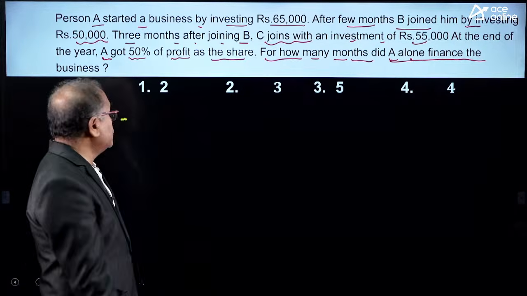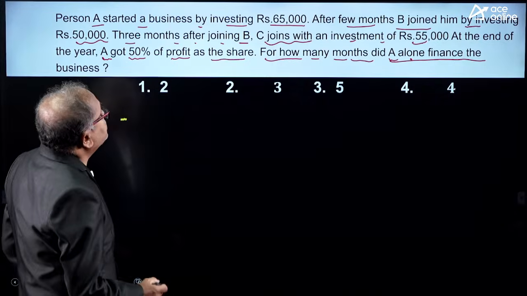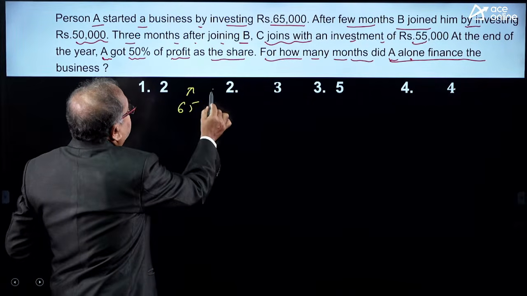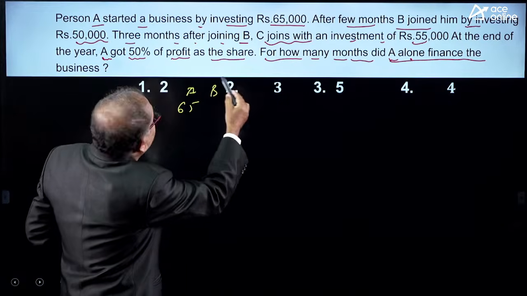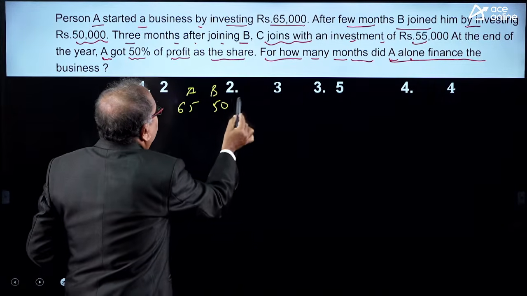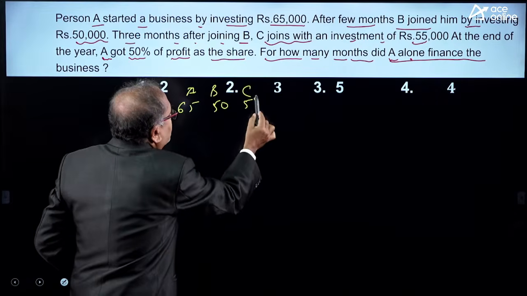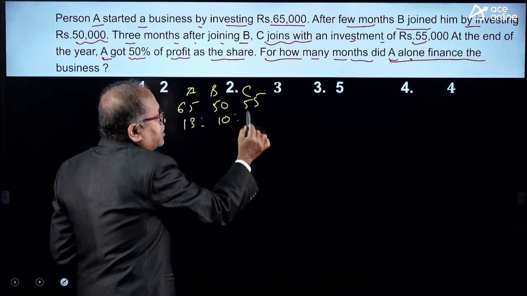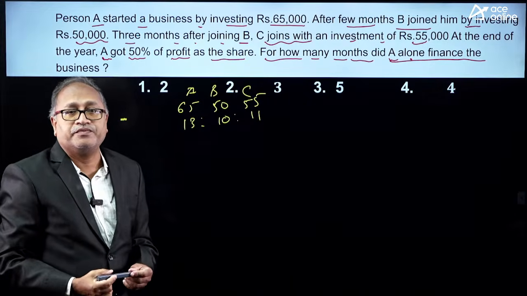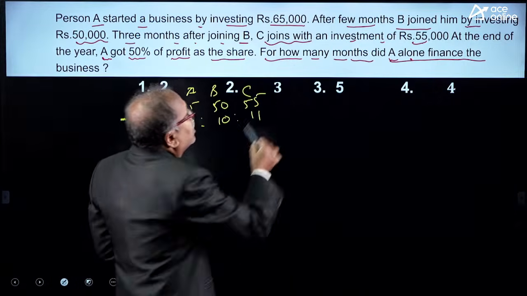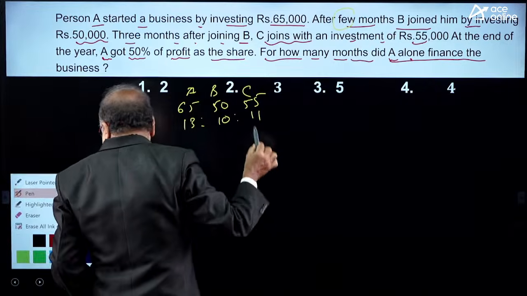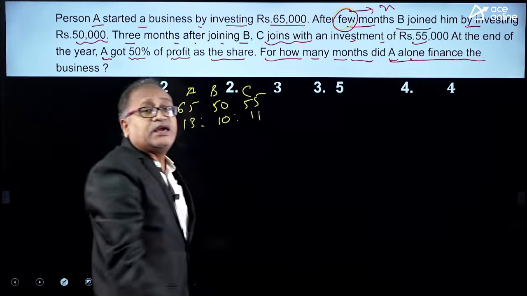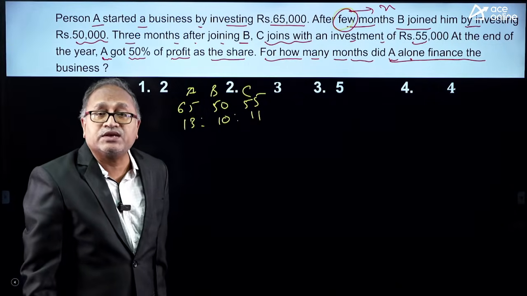Okay. Now, I will try to answer the question. Did you notice that A is 65,000, B is 50,000, and C is 55,000, and the ratio of this is nothing but 13:10:11. This is the capital ratio. Let's assume that B joins after X months.